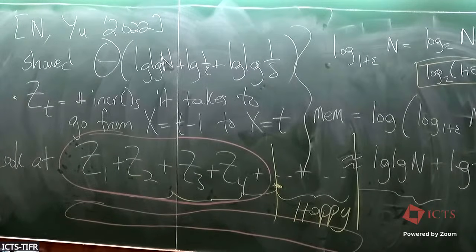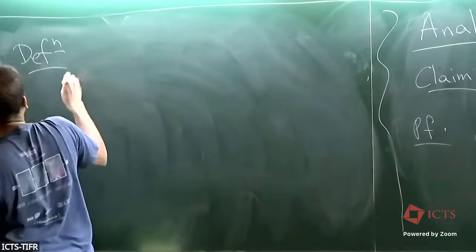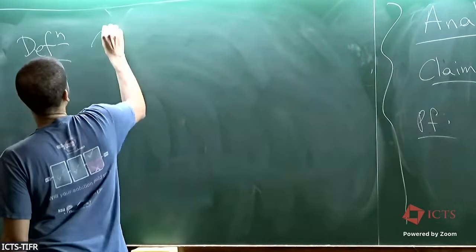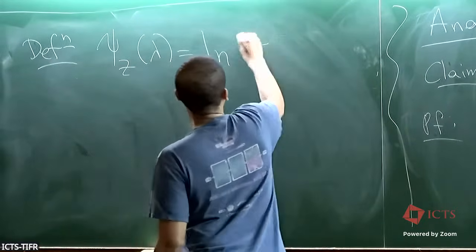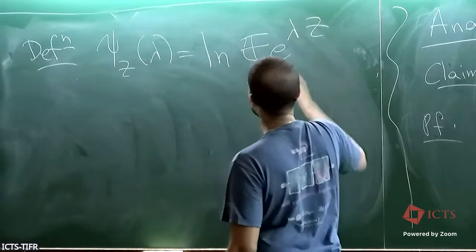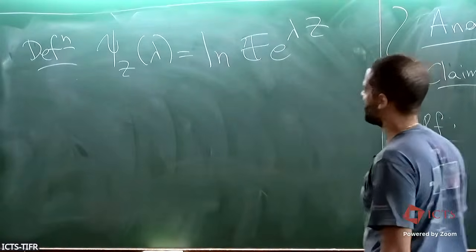So, definition: if I have a random variable z, I'll say psi sub z of lambda is equal to ln of the expectation of e to the lambda z. This is the ln of the moment generating function.